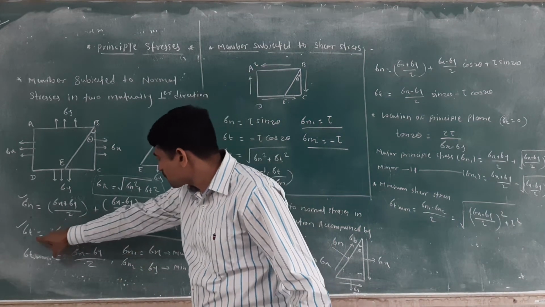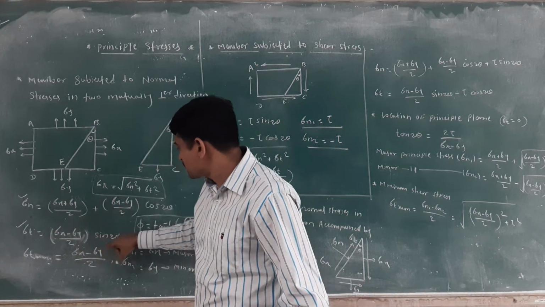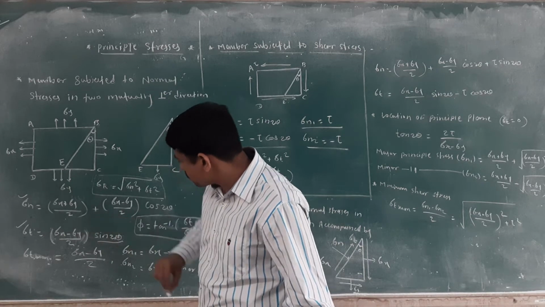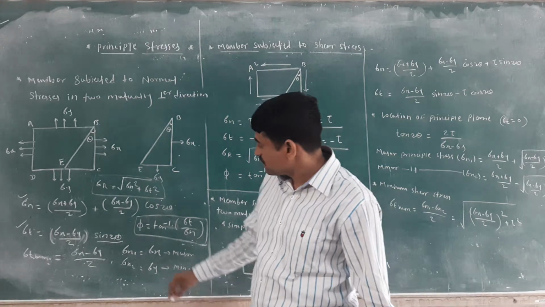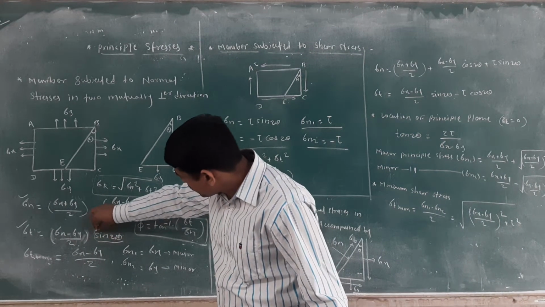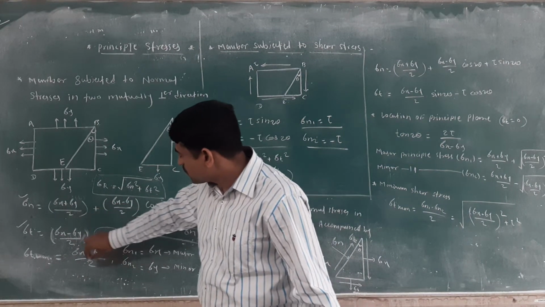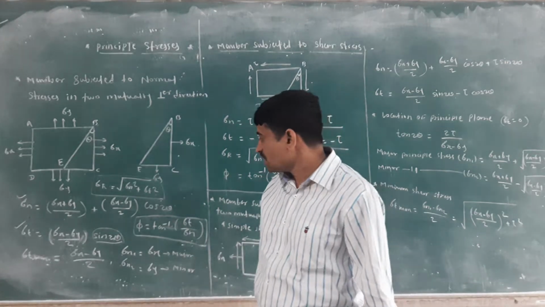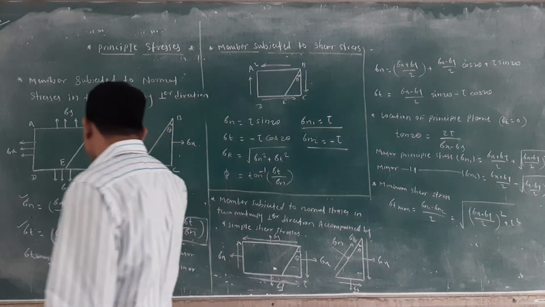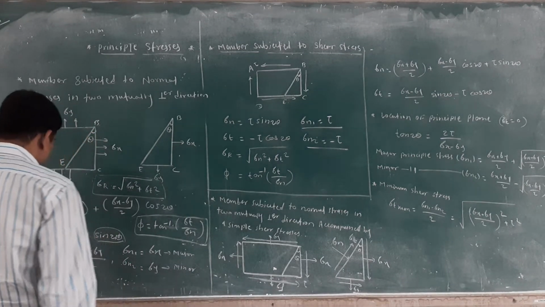If the value is maximum, then you will get sigma t max. Then see, we put sin 2 theta equal to 1.